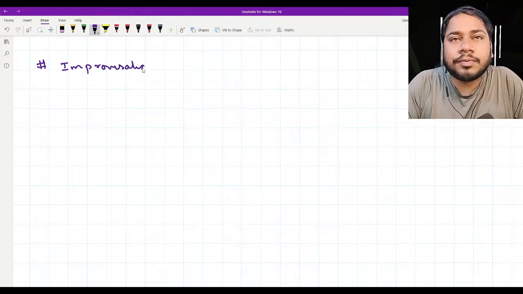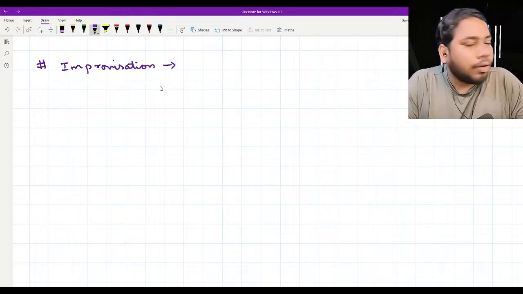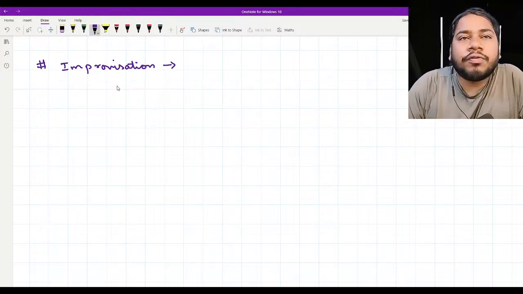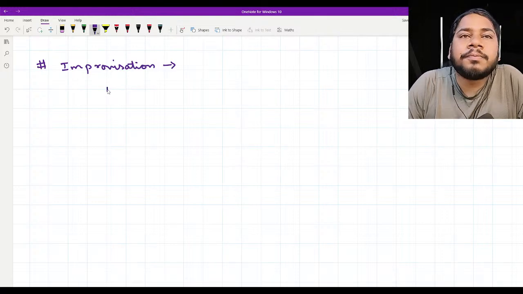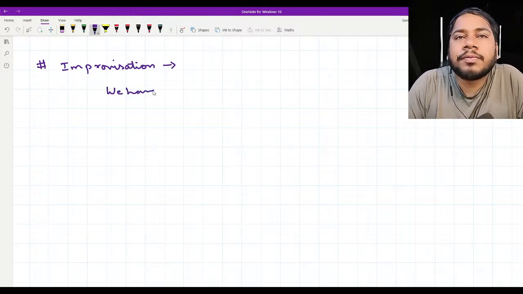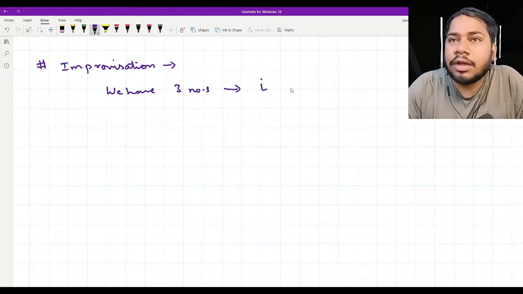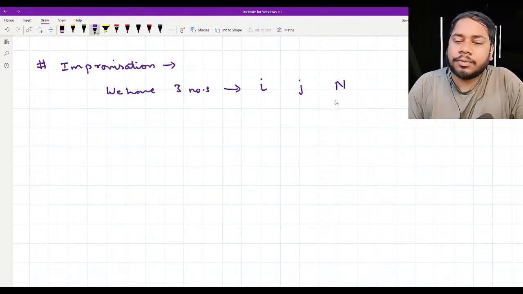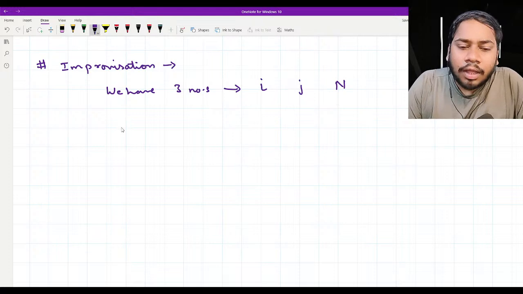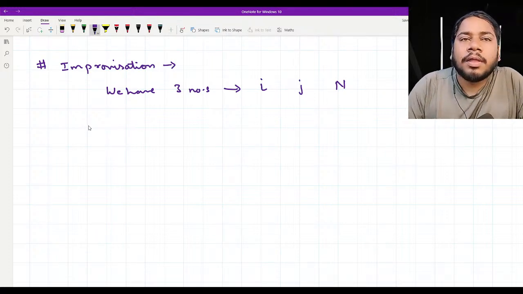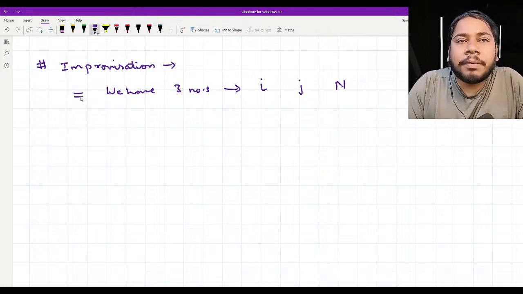Improvisation. What can we do, guys? Okay, so suppose we have three numbers, and let's call them I, J, and N. Please pay so much attention here.